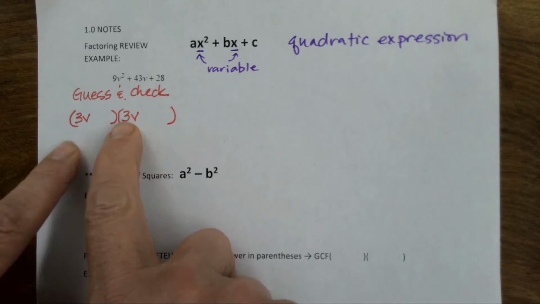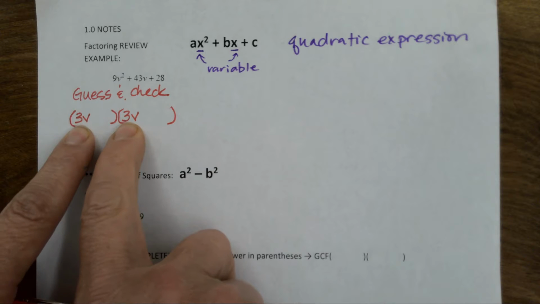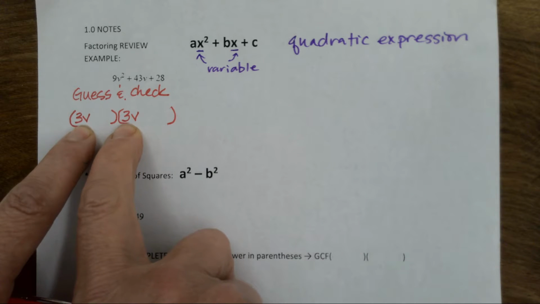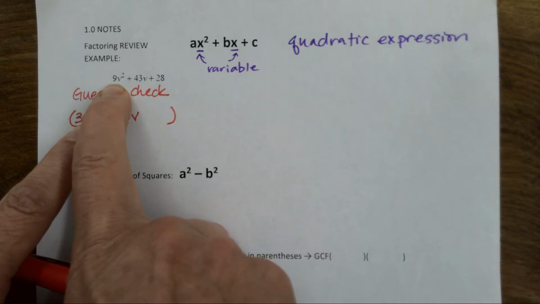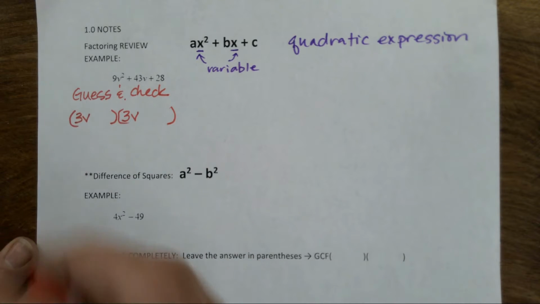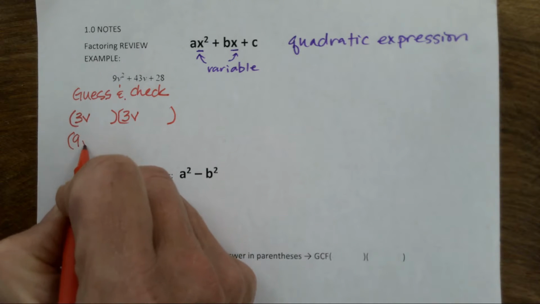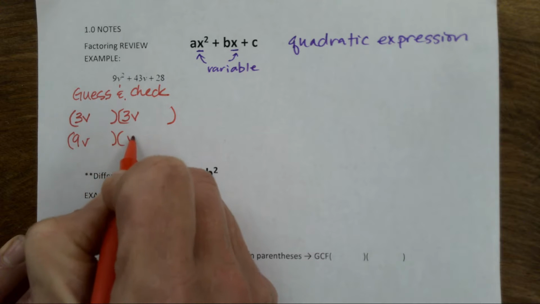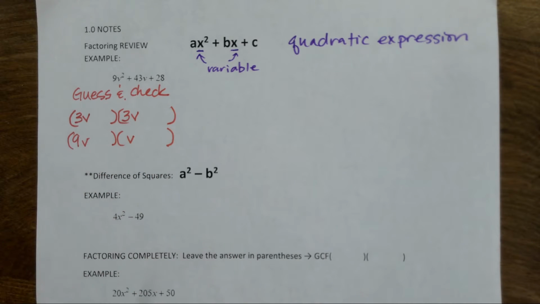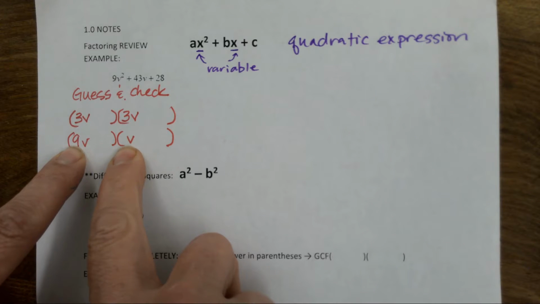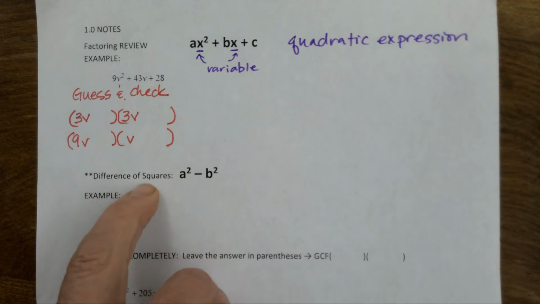That would mean I would get, when I multiply these together, 9v squared, which is what I want my front term to be. Okay? I could also do 9v and just v, because that would also get, when I multiply the front 2 terms together, 9v squared. Good? Makes sense? Okay.